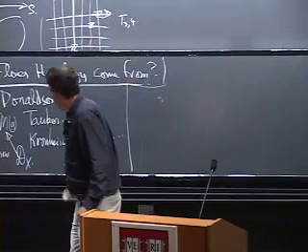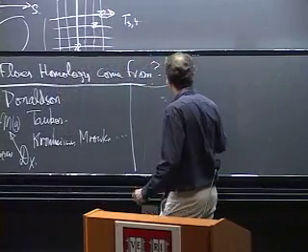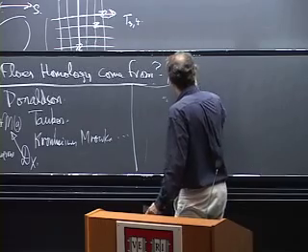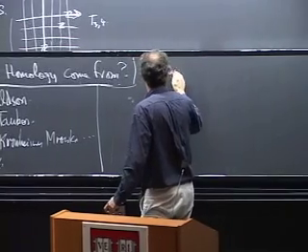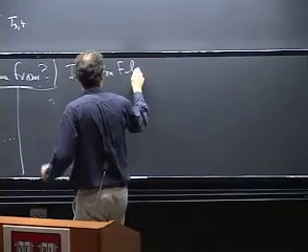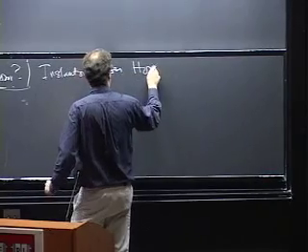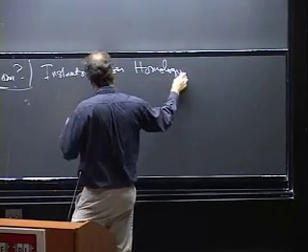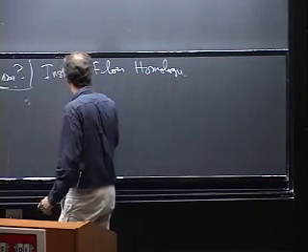Okay. So along with these invariants for four-manifolds comes an invariant called instanton Floer homology. Instanton Floer homology was an invariant for three-manifolds.